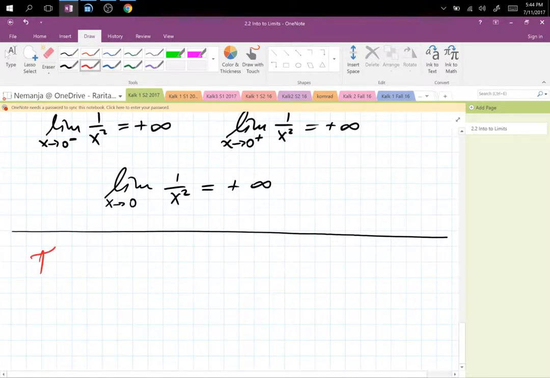The theorem has the name 2.2. We don't care about that.